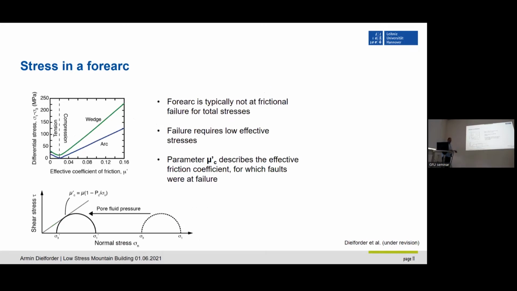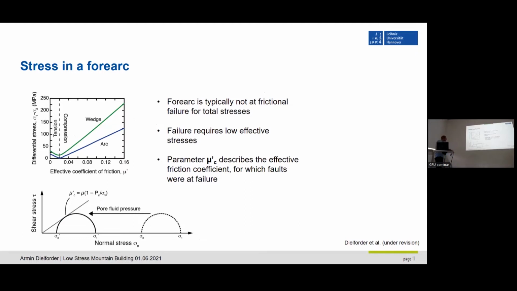Given any kind of stress condition somewhere within this diagram, forearcs would normally not be at failure if we assume a normal rock strength. For frictional failure, for seismic failure within the forearc, we need the effective stresses to be reduced.